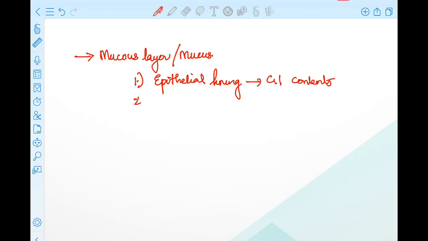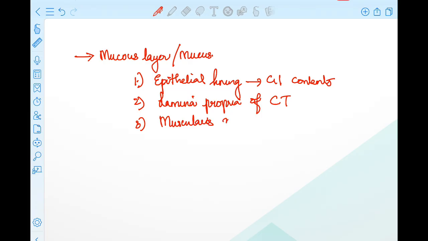Then the lamina propria of the connective tissue and the muscularis mucosa of the smooth muscle fibers. This is what the mucus layer or the innermost layer is made up of.